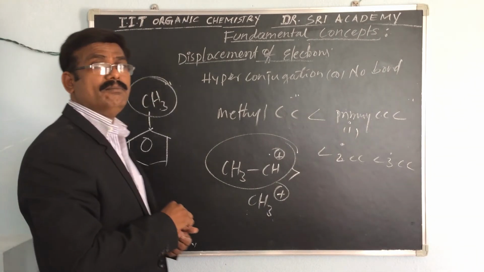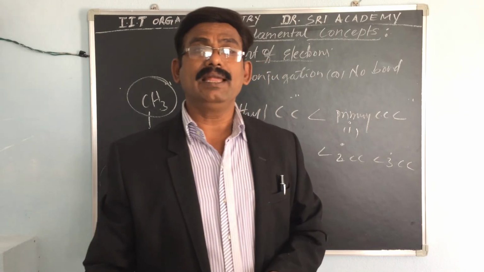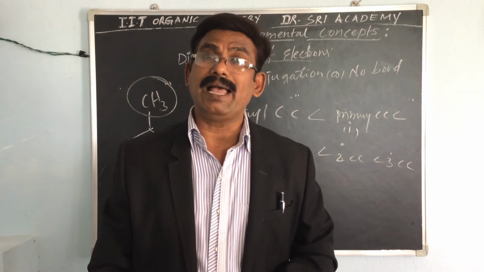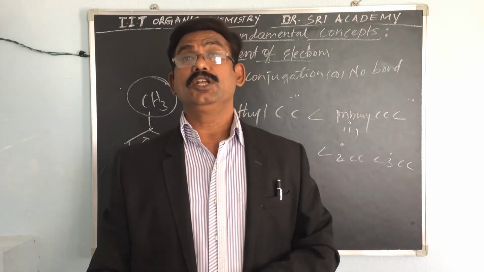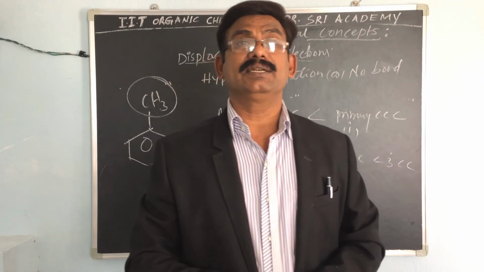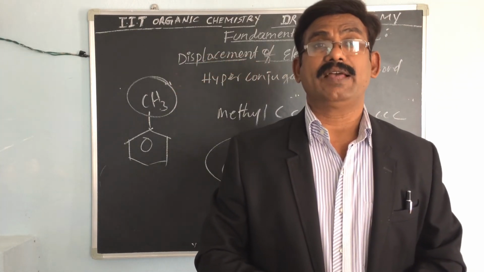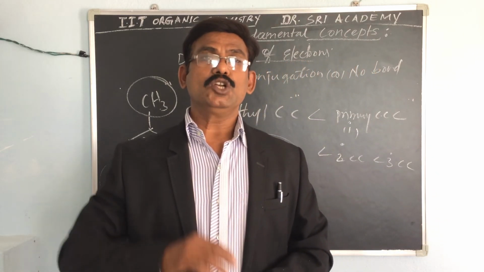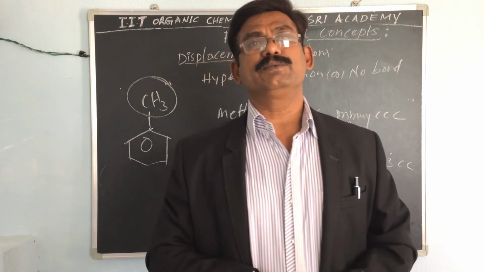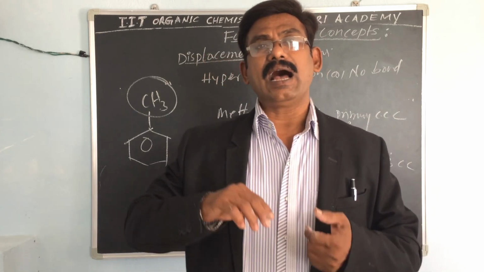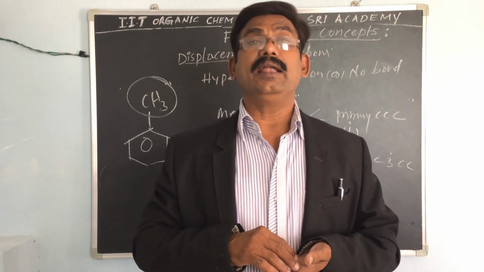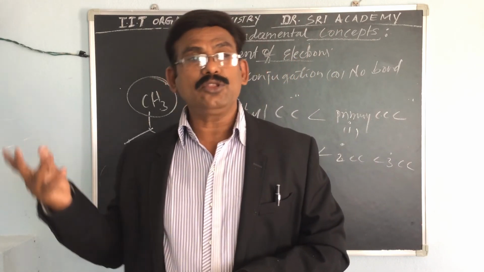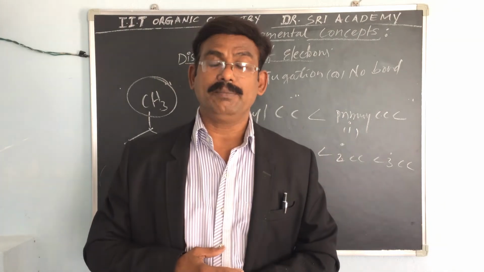Here the methyl group releases electrons towards the benzene ring, due to the inductive effect and mainly the hyperconjugation effect. The reactivity of the ring towards electrophilic substitution increases, and the substitution is directed to ortho and para positions.